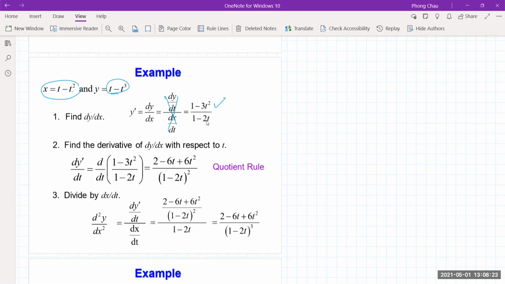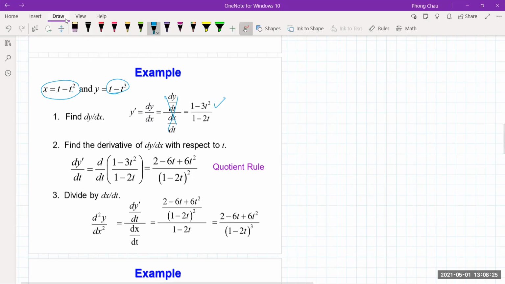That's it. So again, the first derivative is 1 minus 3t squared over 1 minus 2t: derivative y with respect to t over derivative x with respect to t.